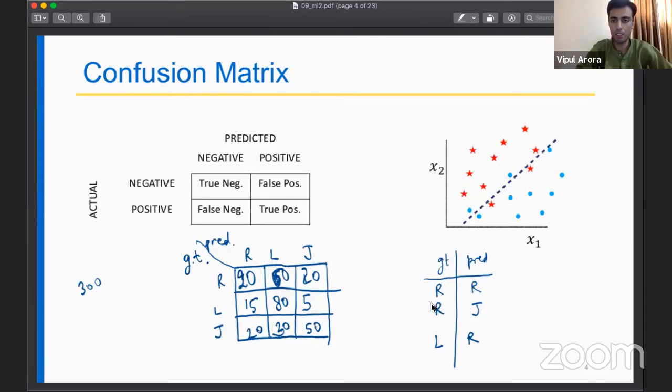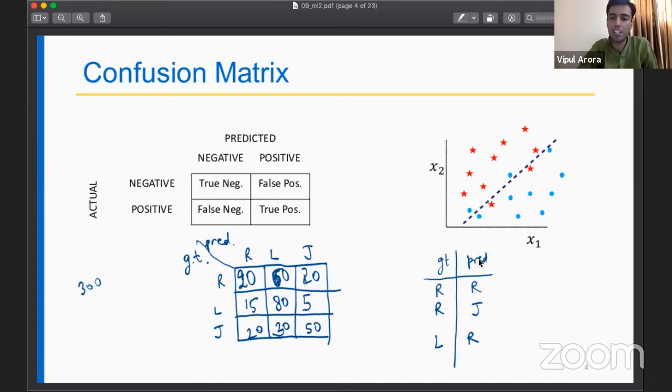So this sample is represented as a row: ground truth is a rose, predicted also is a rose. Let's say there are only 3 samples. Second sample, it's a rose, but predicted as a jasmine. Third sample, actually it is a lotus, predicted as a rose. This is a hypothetical example. It is not correlated with this image, but just to show that this is how generally you get the outputs.